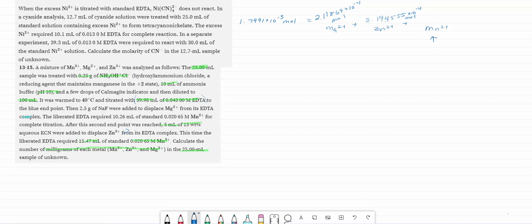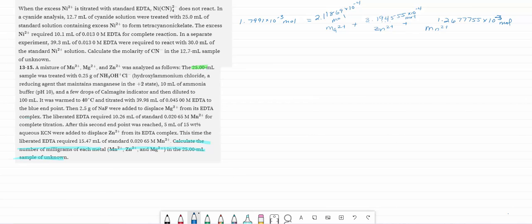So the moles of EDTA with the manganese is 1.26, and then I have a bunch of 7s, times 10 to the negative 3. Again, that's moles. But that doesn't answer the question. The question is to calculate the number of milligrams of each metal in the sample of unknown.